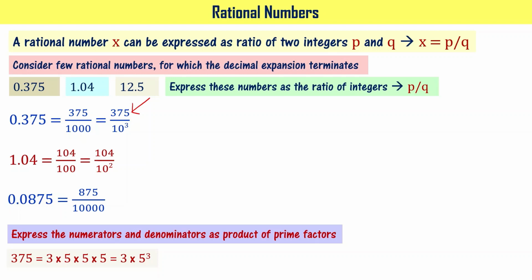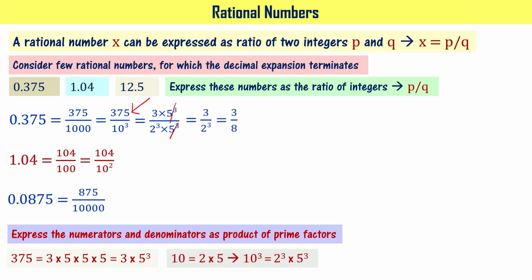It means 2 cube times 5 cube, right? So let me now write 0.375 as 3 times 5 cube, that is 375, divided by 2 cube times 5 cube, right? I can now cancel this 5 cube with this 5 cube, so that I have 3 divided by 2 cube, that is equal to 3 by 8, right?